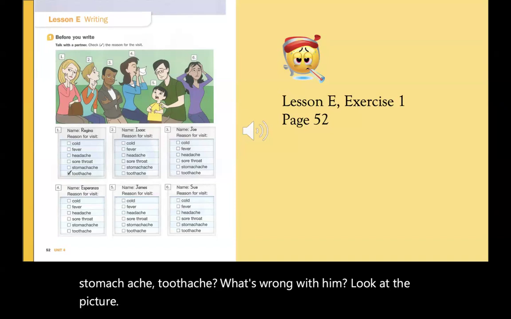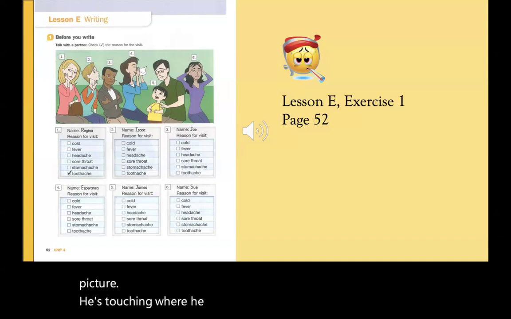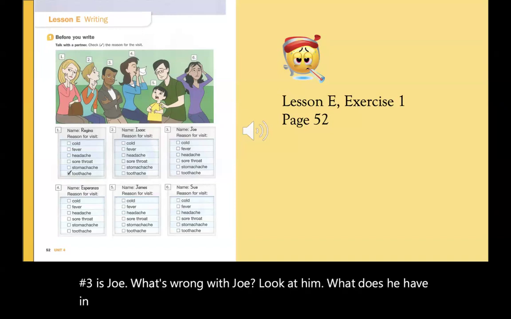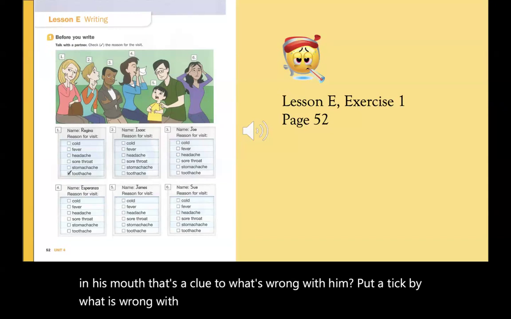He's touching where he hurts. Number 3 is Joe. What's wrong with Joe? Look at him. What does he have in his mouth? That's a clue to what's wrong with him. Put a tick by what is wrong with him. What is the reason for his visit?